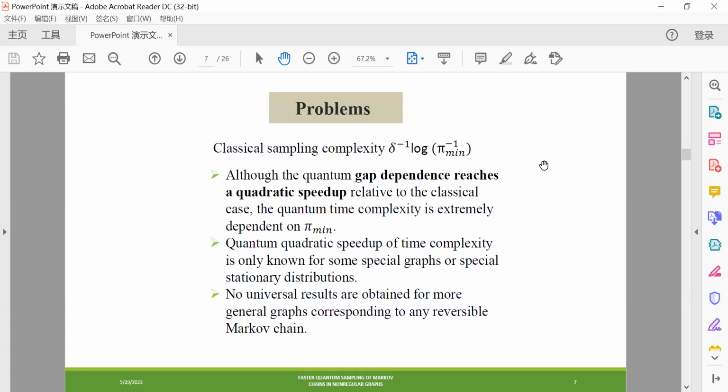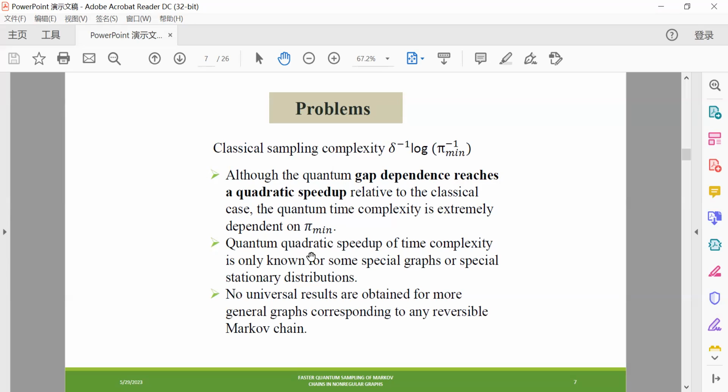And there are many problems unresolved for quantum sampling algorithms. This is the complexity for classical sampling. First, although the quantum gap dependence reaches a quadratic speedup relative to the classical case, the quantum time complexity is extremely dependent on the mixing time.